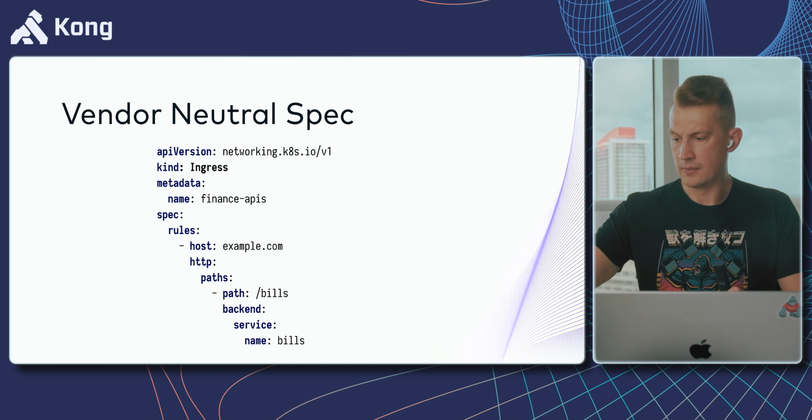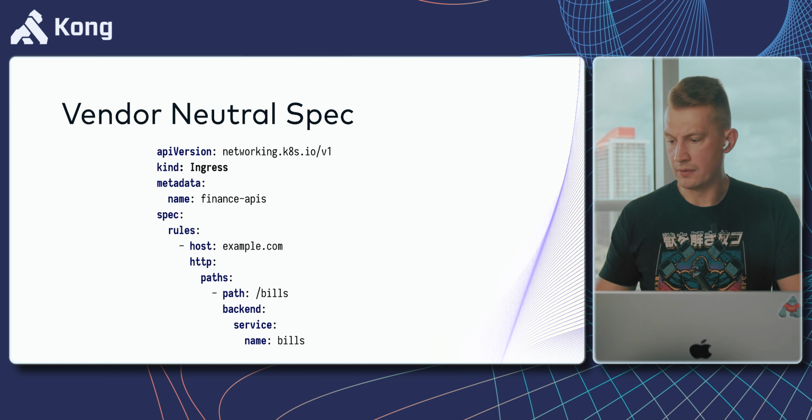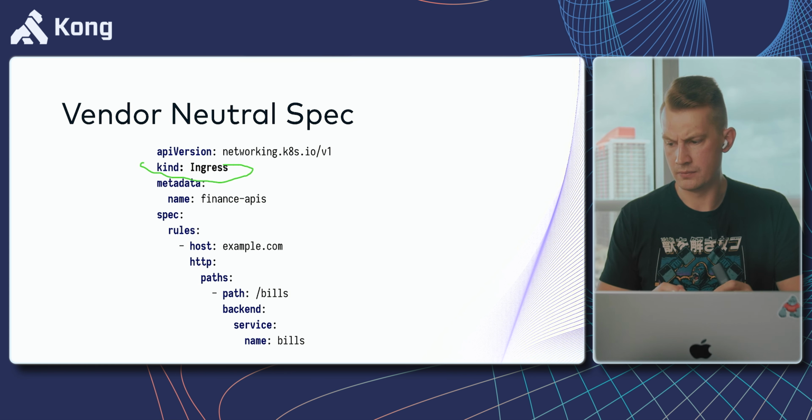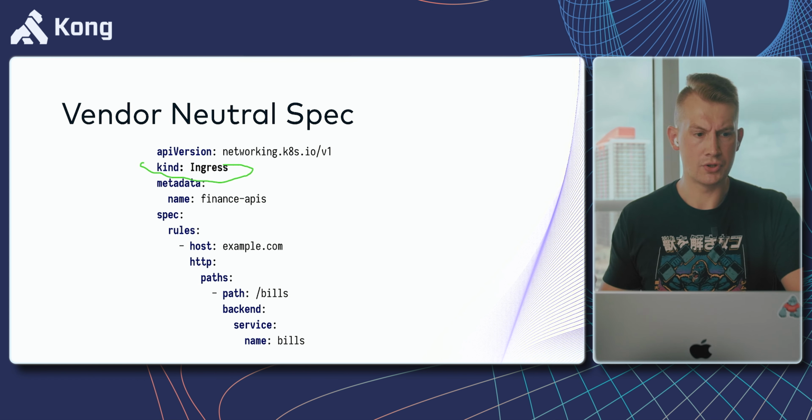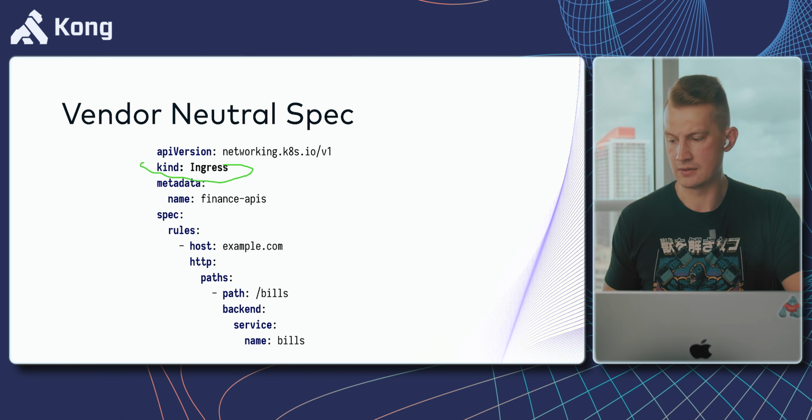We have a couple of things here. This is the kind called Ingress. This is something that many of you have already done. This Ingress will be served by some sort of Ingress controller. It can be an Nginx Ingress controller, or Kong Ingress controller, or something else.